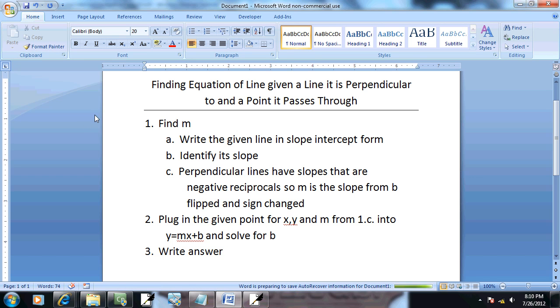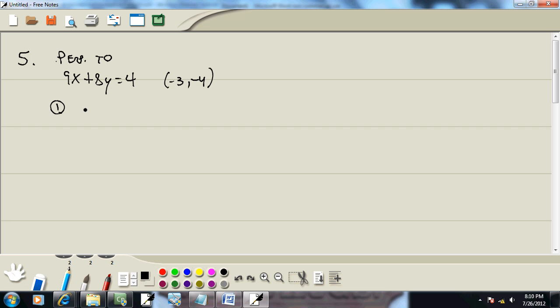Step 1, find m. It says write the given line in slope-intercept form. So we got 9x plus 8y is equal to 4. Slope-intercept form means solve for y. So I'm going to take the 9x over to the right side. You take anything across equals, the sign changes. So that becomes a negative 9x plus 4.